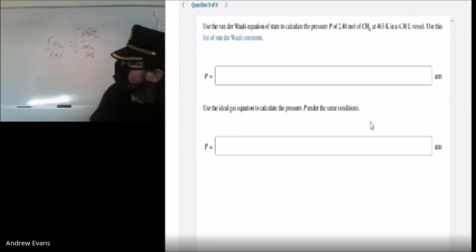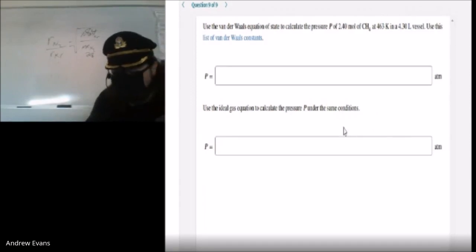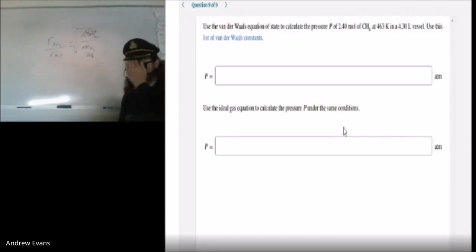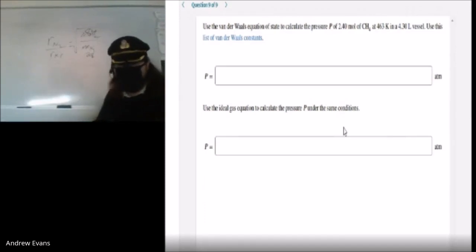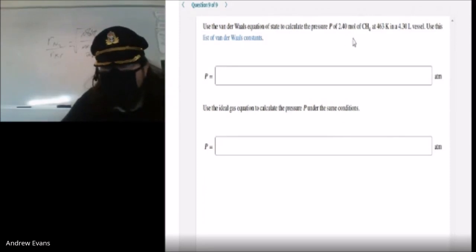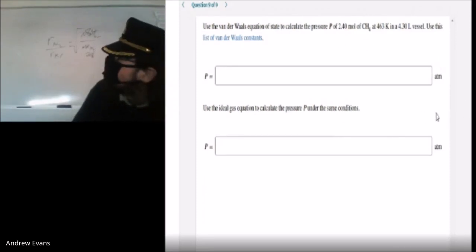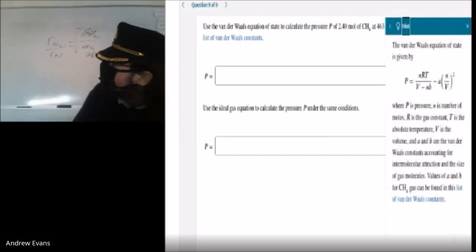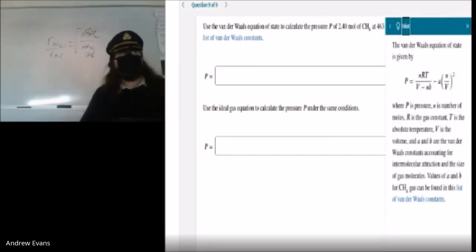And the last problem here is the ideal gas versus real gas problem. I will not mathematically challenge you on this one, but we still need to answer a question about this. It's highly suggested you look at the hint, because they have changed the ideal gas equation to solve for pressure instead of temperature, like we did on these slides.